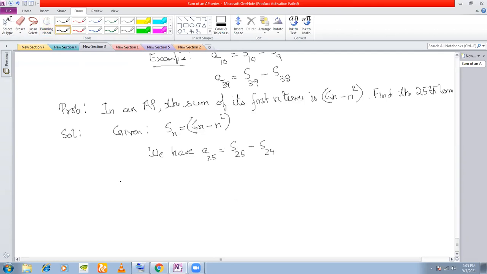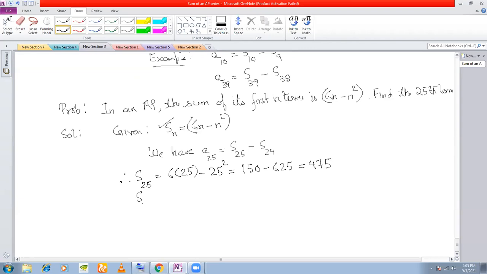So let us find S25, because we know Sn. Put n equal to 25: 6 into 25 minus 25 square, which is 150 minus 625. Okay, so this should be 475.